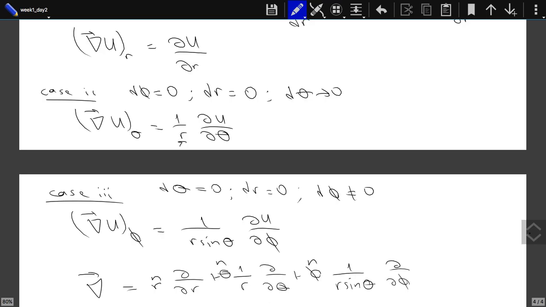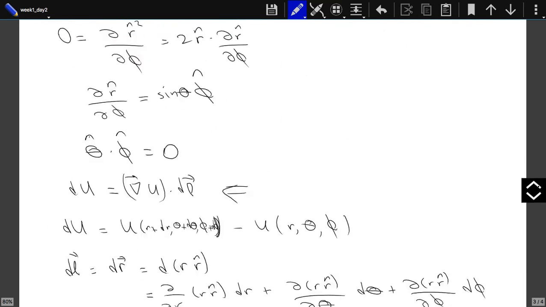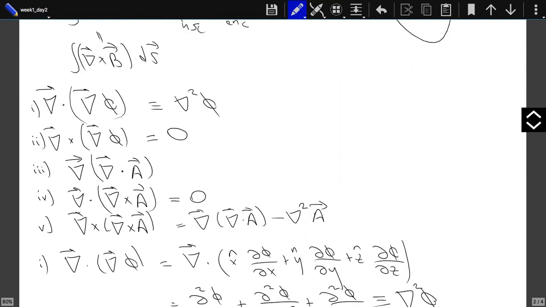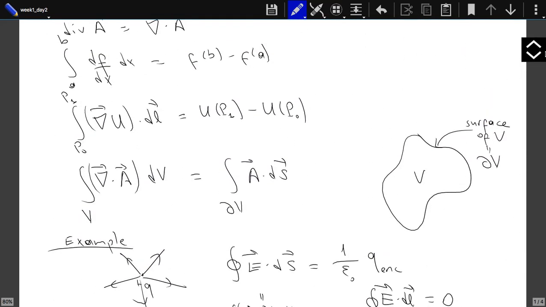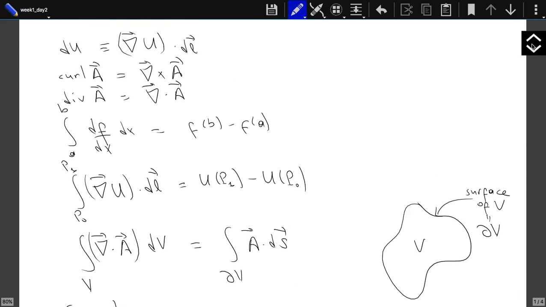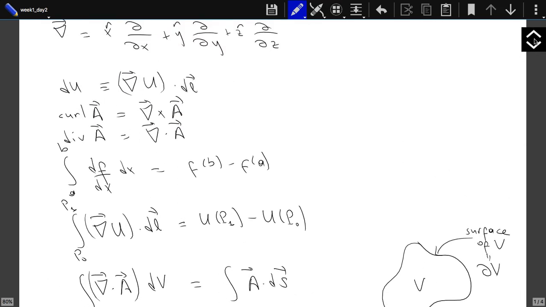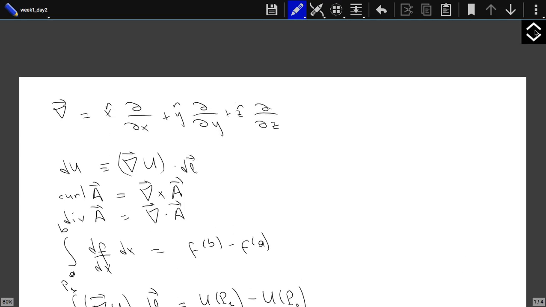Well, there are similar derivations for the divergence and the curl in various coordinates. And if you liked it, I do recommend you to at least go over it in Appendix B of your book. So how to express the curl in various coordinates, the divergence in various coordinates. Again, here in obtaining this gradient in different coordinates, what we did was we only used this definition of the gradient.